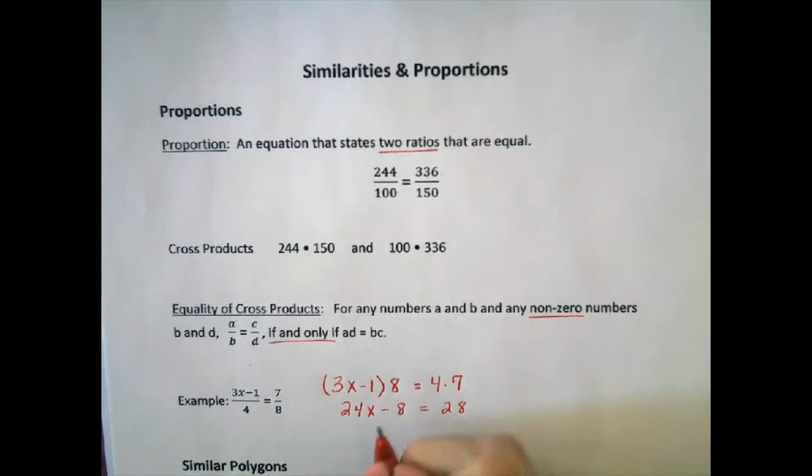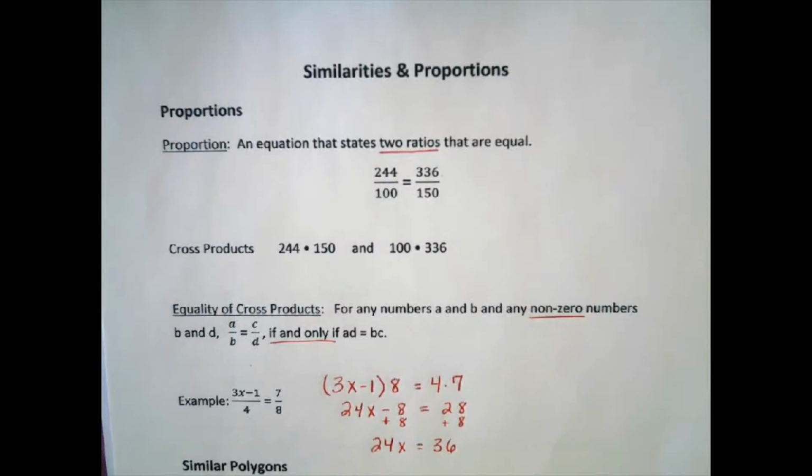I would, of course, add 8 to both sides and get 24x is equal to 36. In order to solve for x, I would simply divide both sides by 24, and I would get x is equal to 3/2. That's just a quick reminder on how proportions are used.